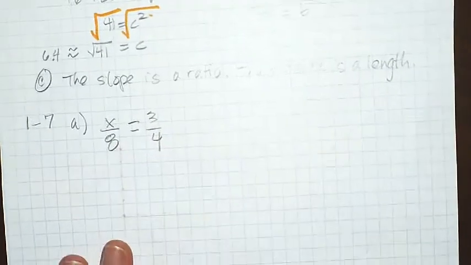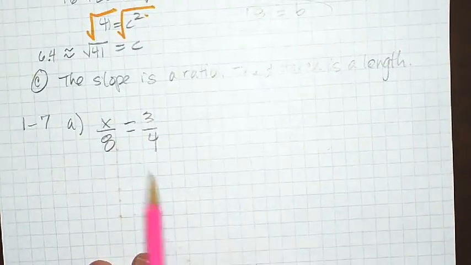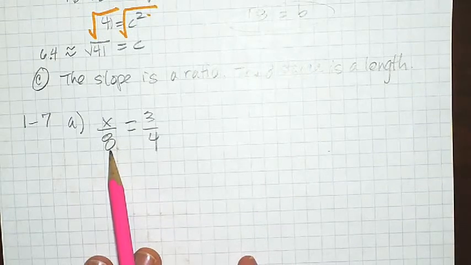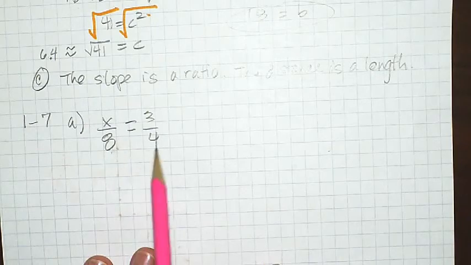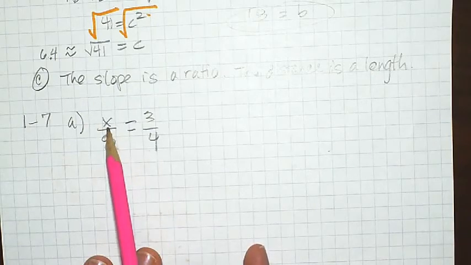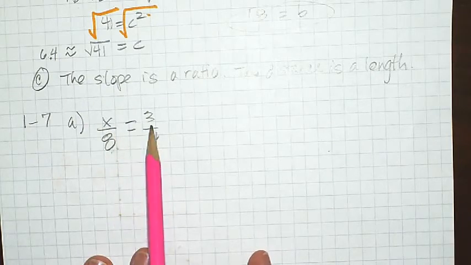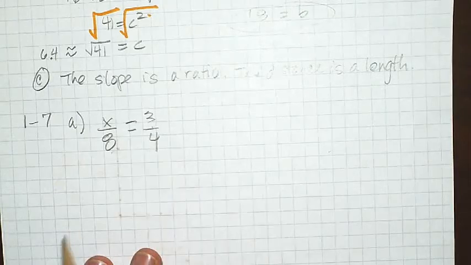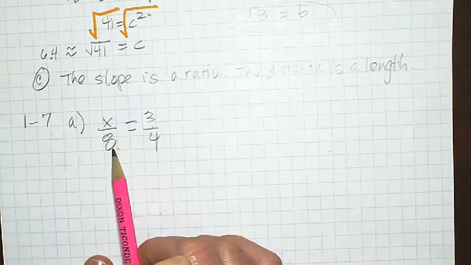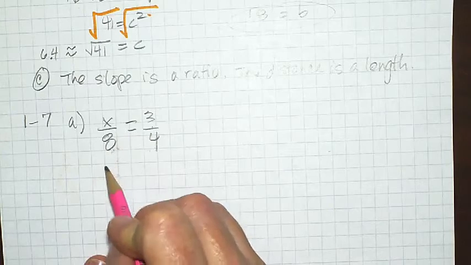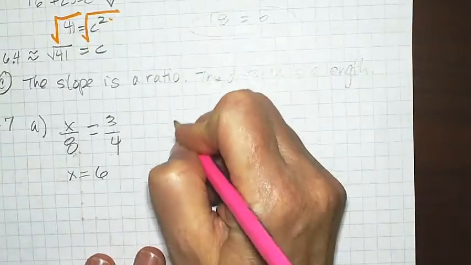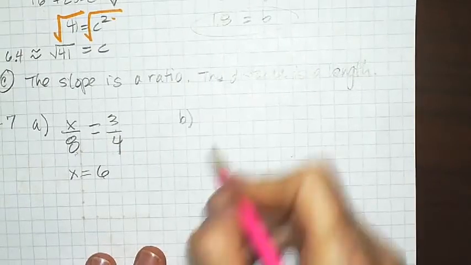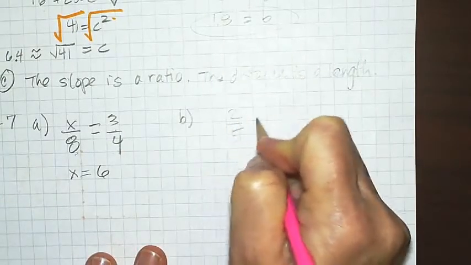I know a lot of you will say, just cross multiply and divide. You can do that. What I'm noticing is that if I divide 8 by 2, I get 4. So whatever this is, if I divide it by 2, I'm going to get 3. You can probably figure out in your head, 4 times 2 is 8, 3 times 2, there you go. Didn't have to do anything there. Just figure it out.